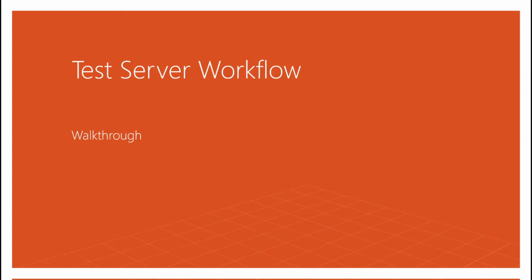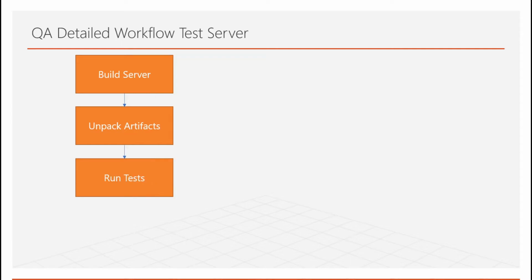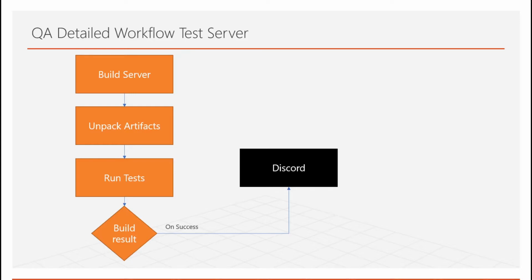So then we have a test server, which is basically a different job, or an actual physical server, depending on how you set it up. It will receive the artifacts from the build server, which it will then unpack and run the tests on. The user will get a notification on success, hey, all the tests have been successful.